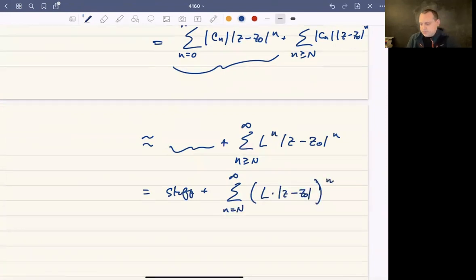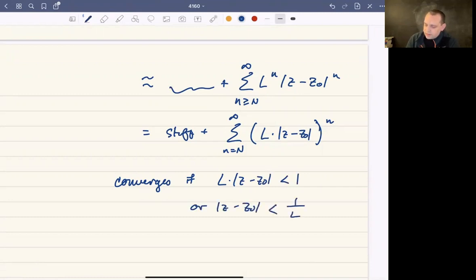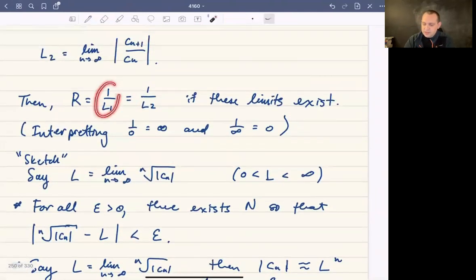And so it's really going to be a geometric series, and so this converges if L times the modulus of z minus z naught is less than 1, or if the modulus of z minus z naught is less than 1 over L. So that 1 over L is why, in the statement of the theorem, I'm going to scroll back up and show you, this 1 over L comes about here. So when we compute this limit, 1 over the limit is the radius of convergence that we get there. There are many technical details that I just completely glossed over.